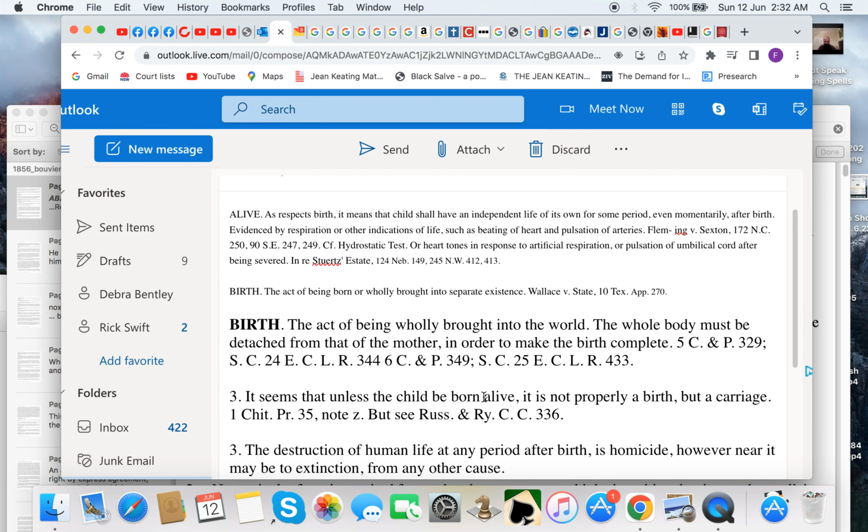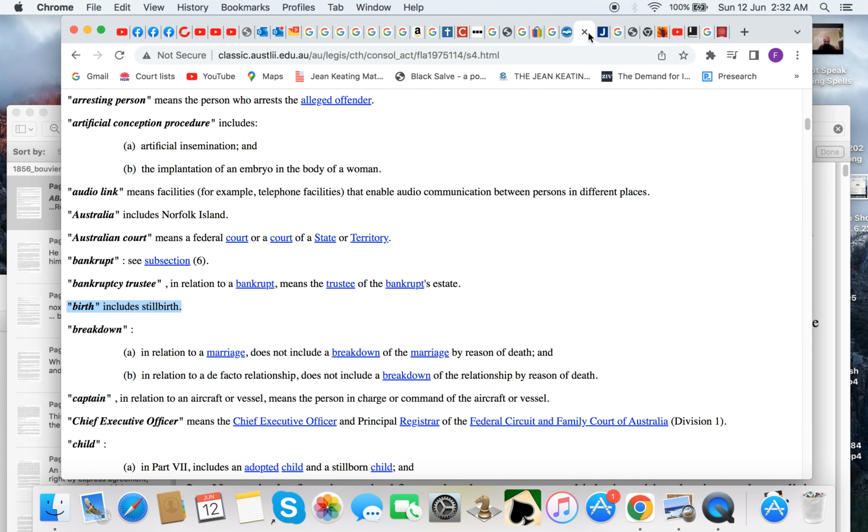So now we know that alive, I've got it here, birth meaning Google, female correct, there we go. So birth includes stillbirth. So if birth includes stillbirth and inclusio exclusio maxim, then a birth can only mean a stillbirth. And so therefore alive means dead.